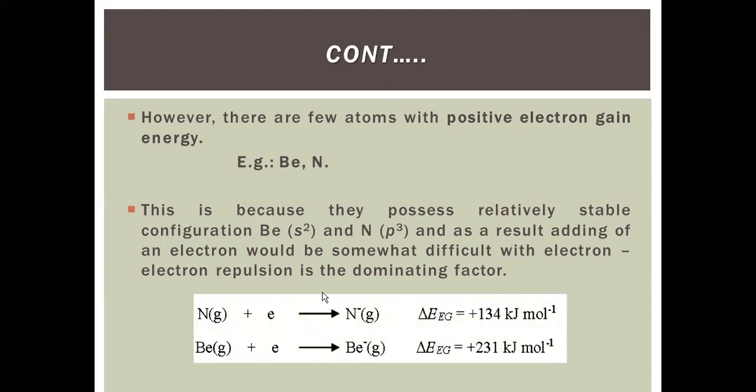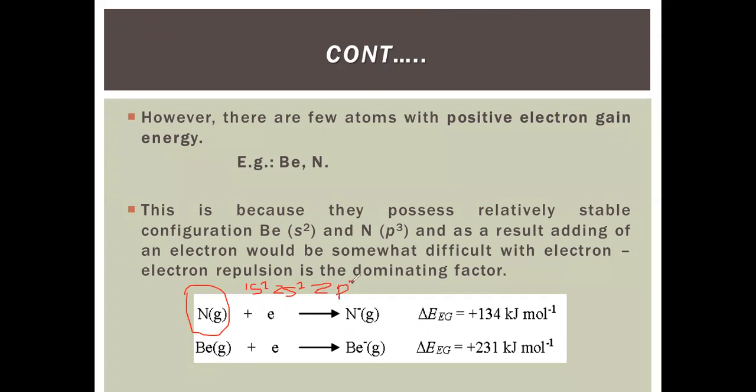You can see here the nitrogen gaining an electron, becoming N minus, a gaseous ion. These are the values: positive 134 kilojoules per mole for nitrogen, and positive 231 kilojoules per mole for beryllium. Why? Simply, nitrogen is the half-filled one: 1s2, 2s2, 2p3, half-filled.